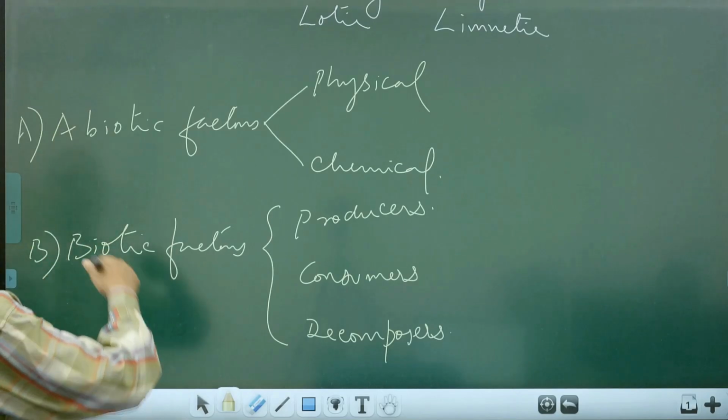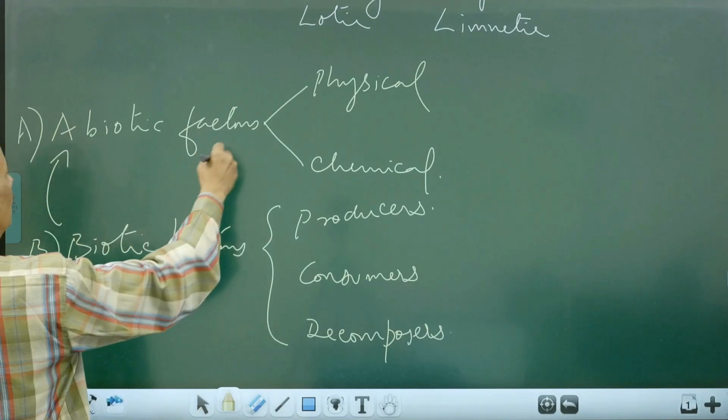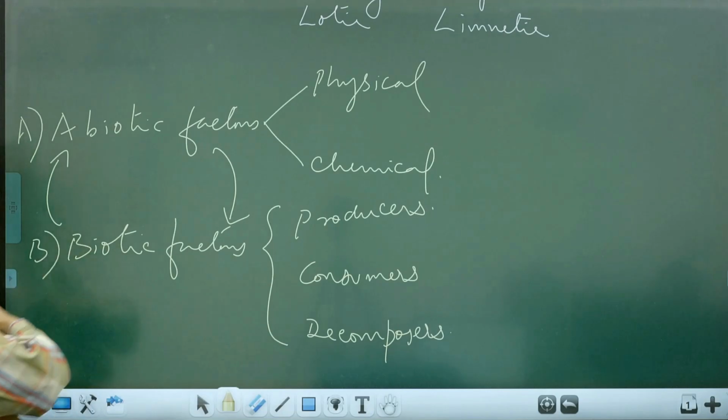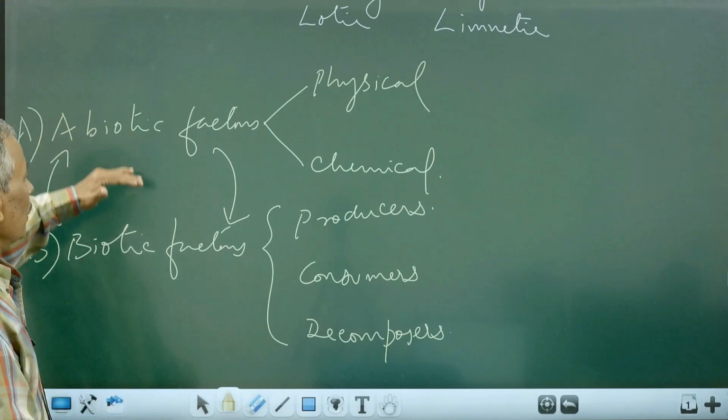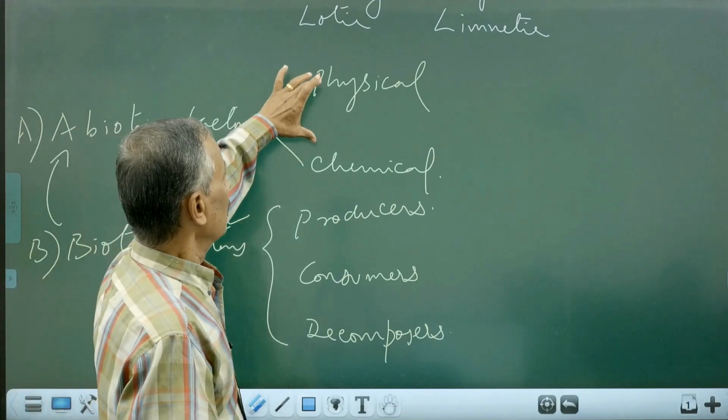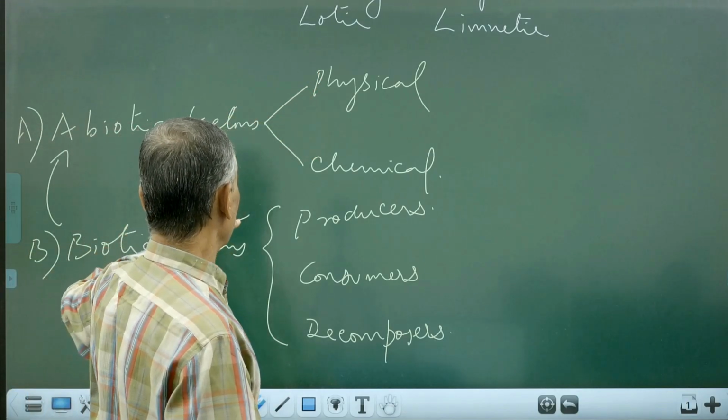So a continuous flow of material between abiotic and biotic factors is occurring in an ecosystem. That is characteristic. So the components of an ecosystem are the abiotic factors and biotic factors.